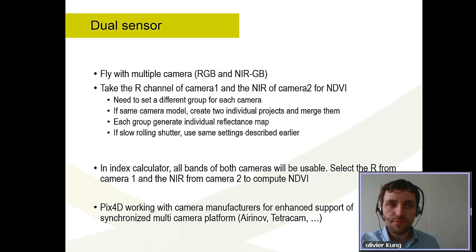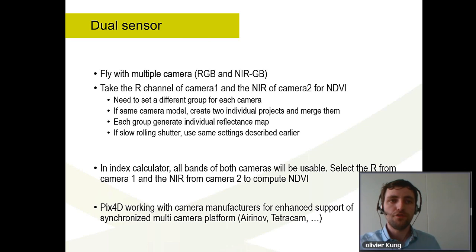In a very specific case where you use the same camera model, but one with the infrared filter and one without, there's a small workaround to be done, which is creating 2 individual projects and then finally merging them together using the merge feature of Pix4D Mapper. What will happen is that for each group, an individual reflectance map will be computed, and they can then be used together to compute NDVI maps.